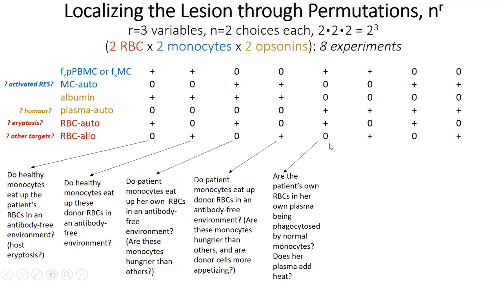In this experiment, are the patient's own red cells in her own plasma being phagocytosed by normal monocytes? Is this a warm auto that would be happening in the immune tone of another immune system if those were the phagocytes at hand? Are donor cells in the host's plasma capable of inciting phagocytosis by normal monocytes?